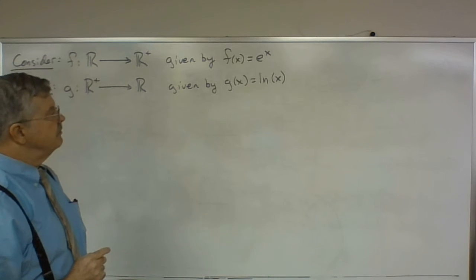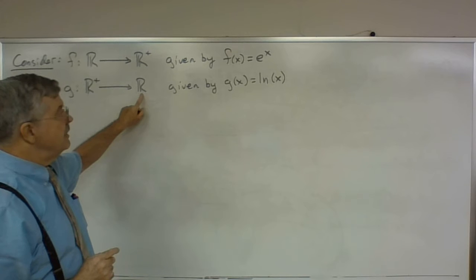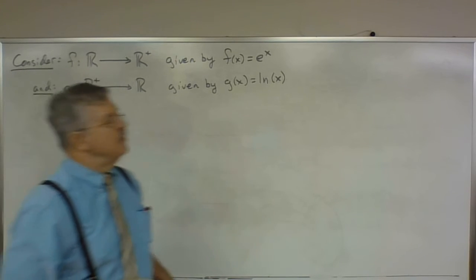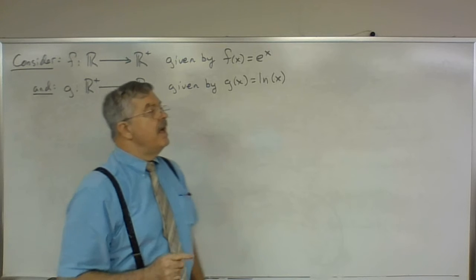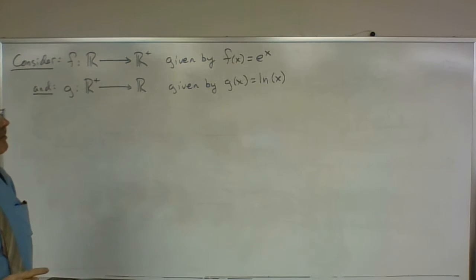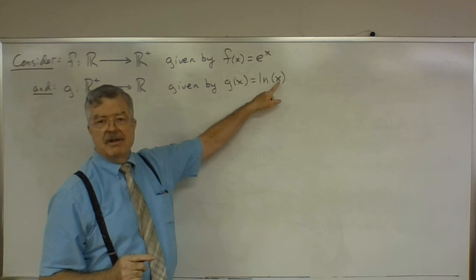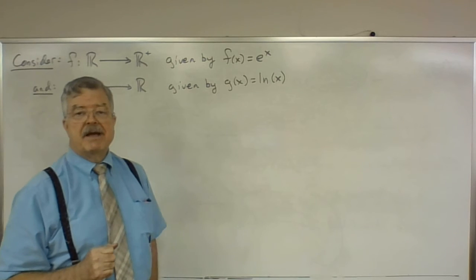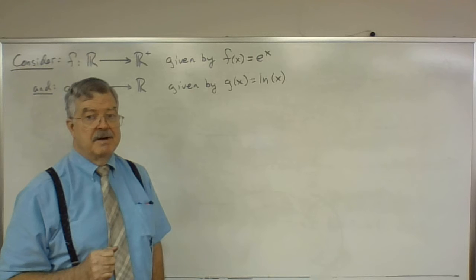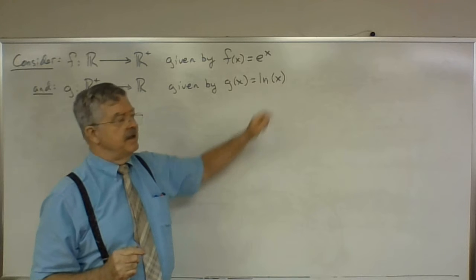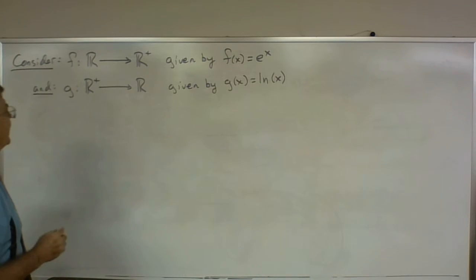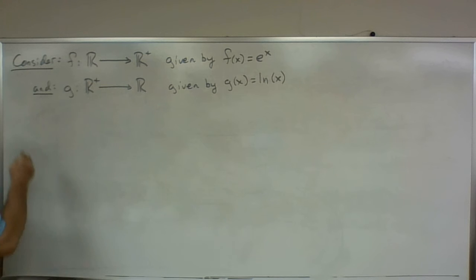For example, if we pick 0 here, what number do we plug into natural log of x to get 0? It's 1, isn't it? And if we want to get a negative number by plugging an x value into natural log of x, we pick some x value between 0 and 1. Natural log of all values between 0 and 1 is negative. And let's check and see that these are the inverses of one another.